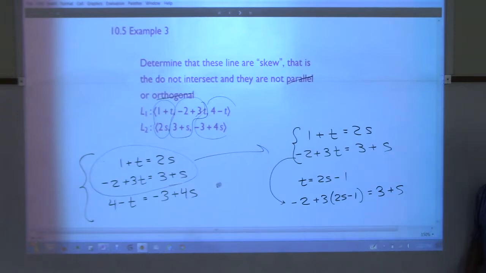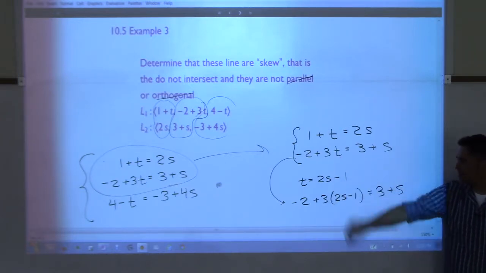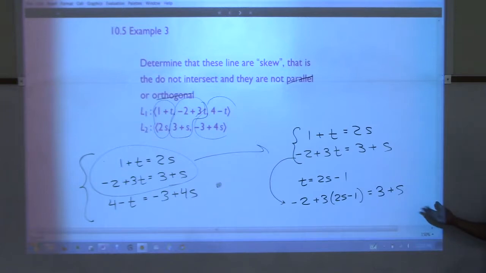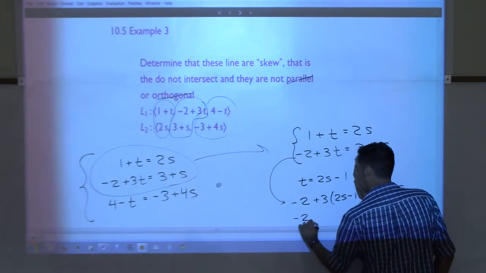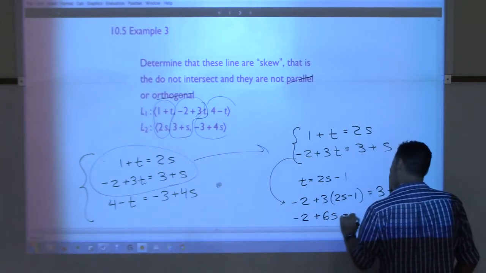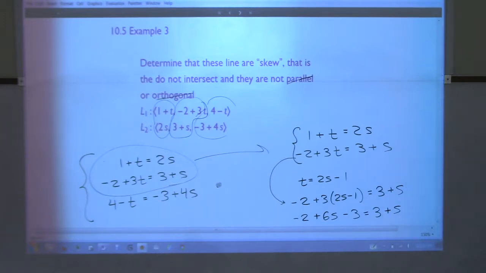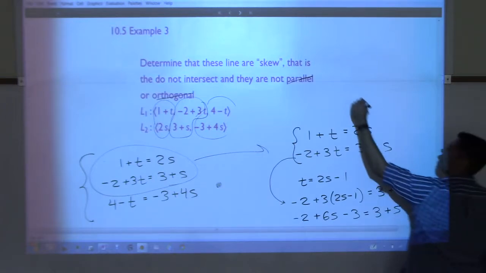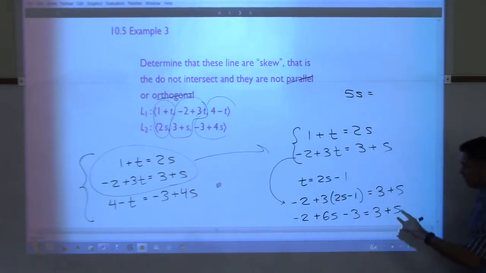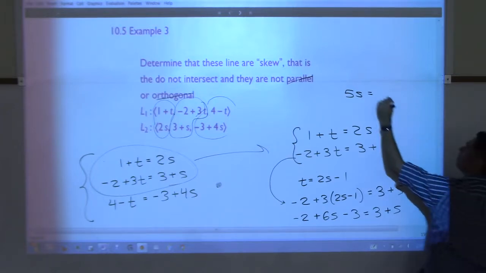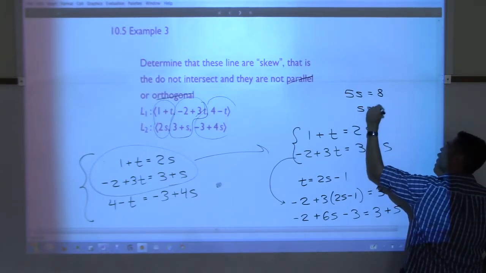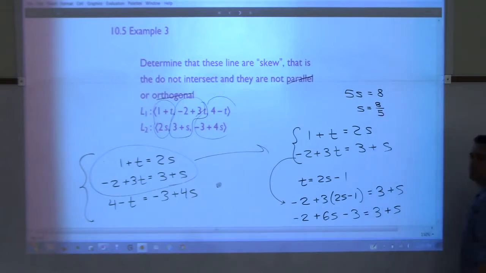Replace t in the second equation with that. And now I have a single equation, one variable. Let's solve for s. Negative 2 plus 6s minus 3 equals 3 plus s. 5s on the left side. On the right side, 8. So s must be 8/5.